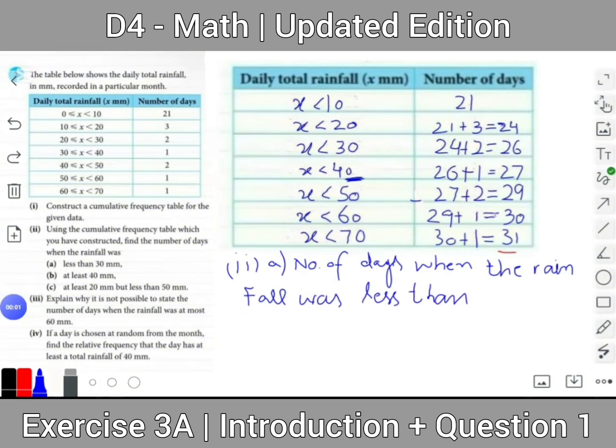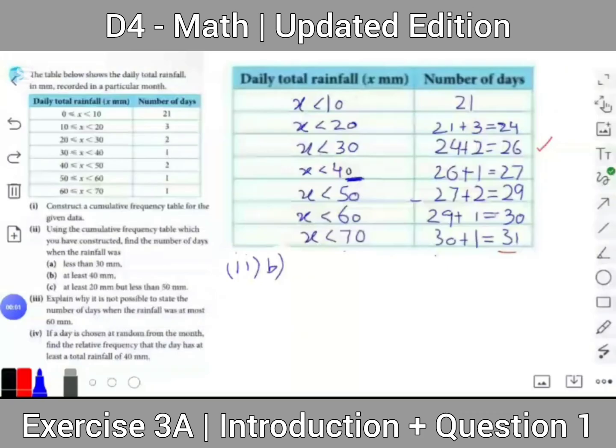Now the number of days when the rainfall was less than 30 millimeter can be found out from the table above. So the value for the number of days when the rainfall was less than 30 millimeter is 26.